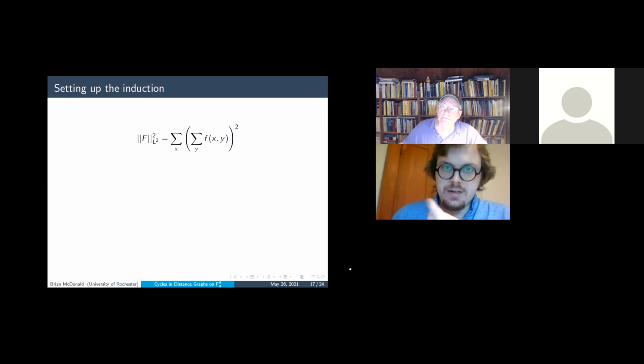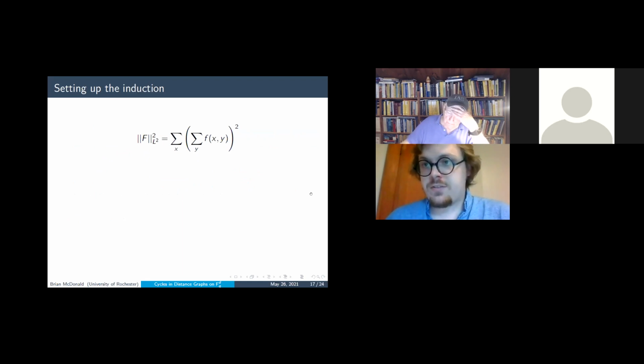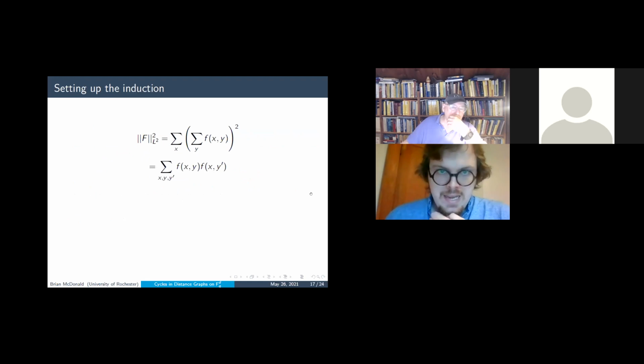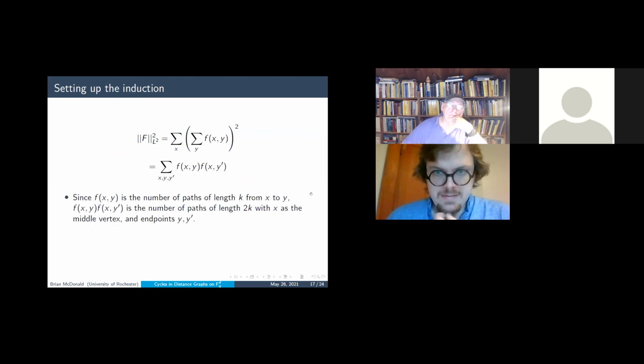Okay, and once again, capital F was the sum over y of f of x, y. So this is the L2 norm squared. And so we have this sum squared, so we will duplicate the variable. And since f of x, y is the number of paths of length k from x to y, f of x, y times f of x, y prime is the number of paths of length 2k, where x is the midpoint and y and y prime are the endpoints.